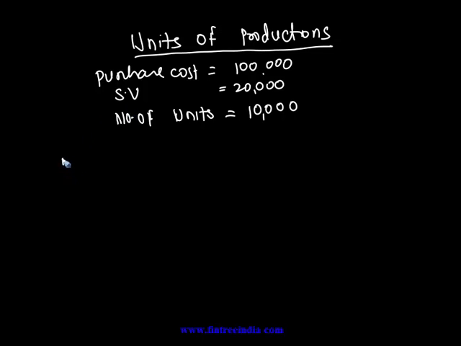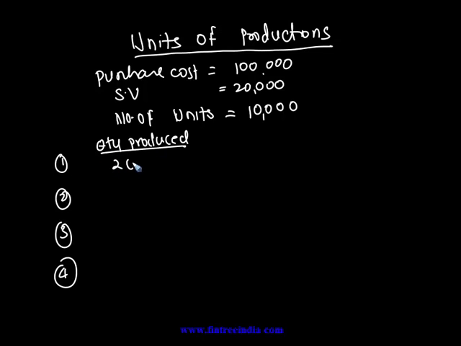And then we've been provided a schedule like this. So schedule of estimated quantity to be produced. So in year 1 we will produce 2,000, year 2 5,000, then 3,000, this should be 2,000, this should be 1,000.